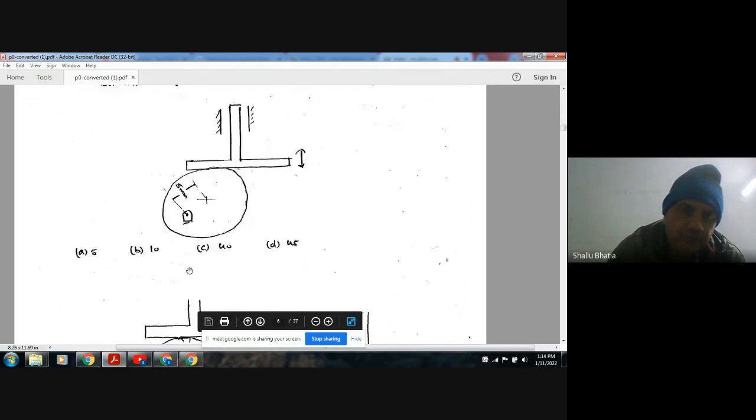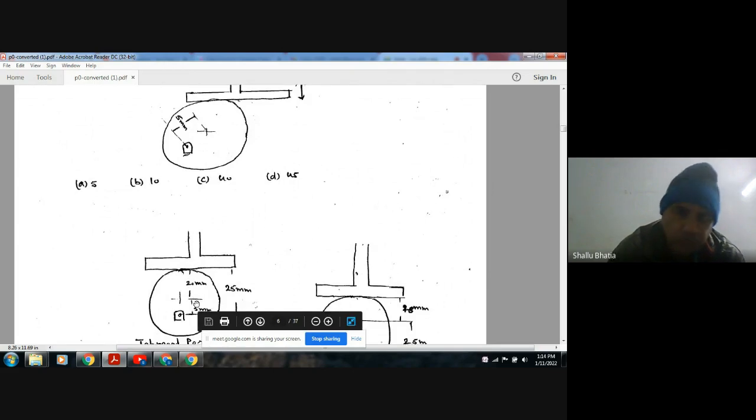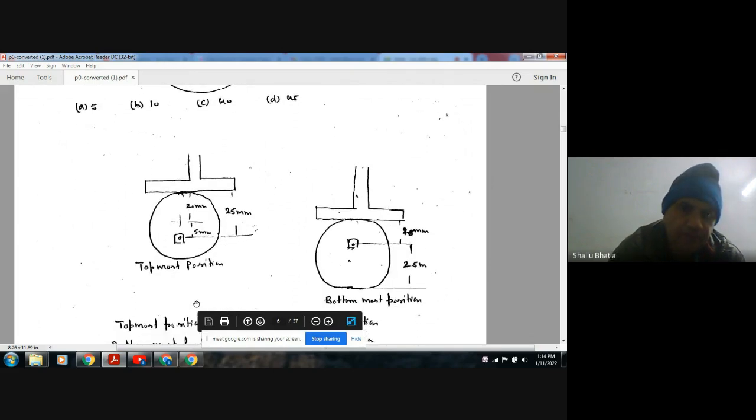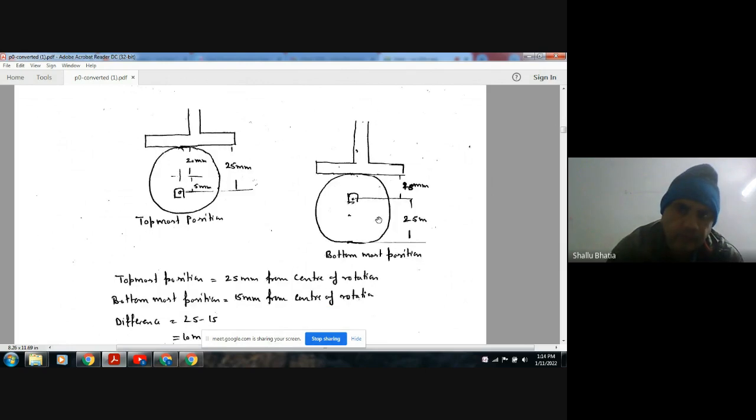So the total topmost position will be at 25 mm, and when this part comes at the bottom, then this will be 15 mm.